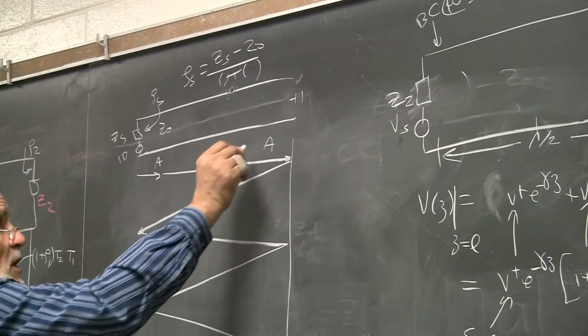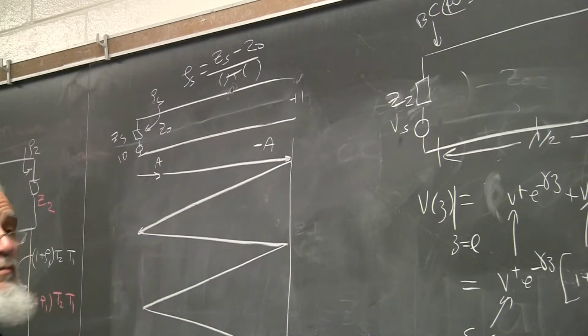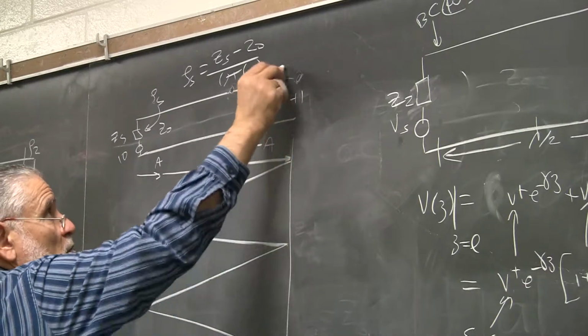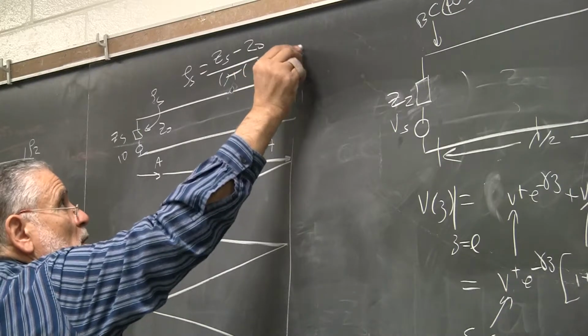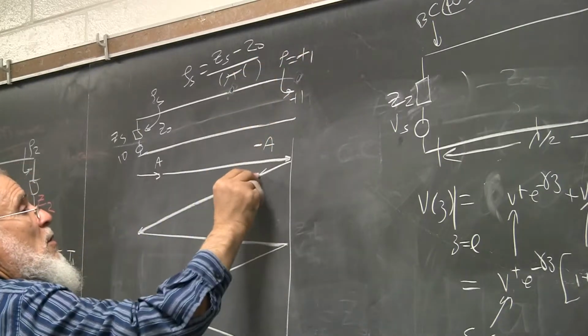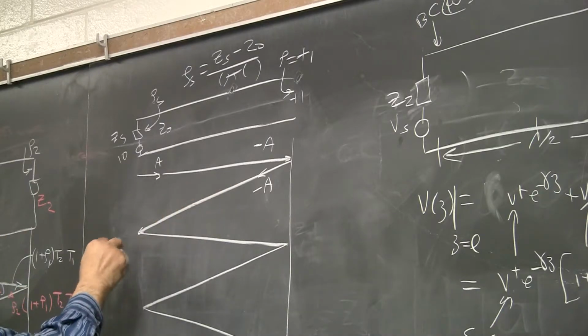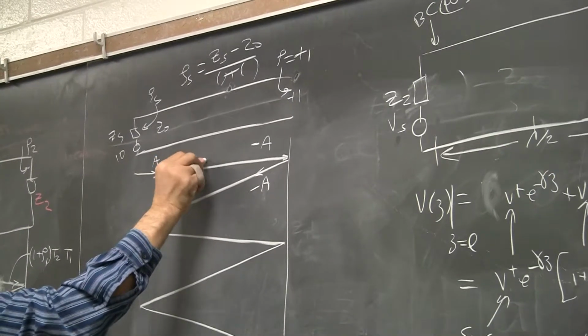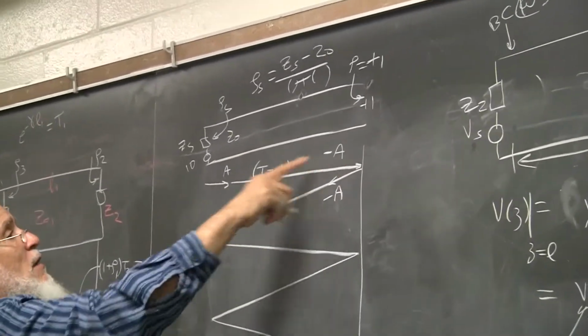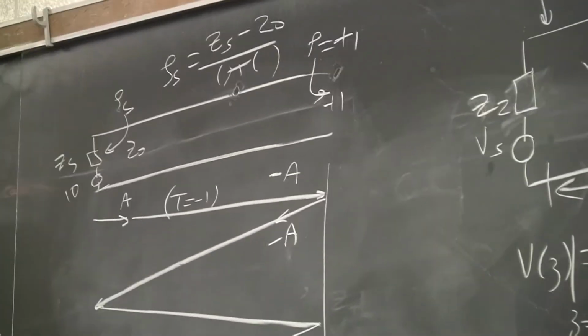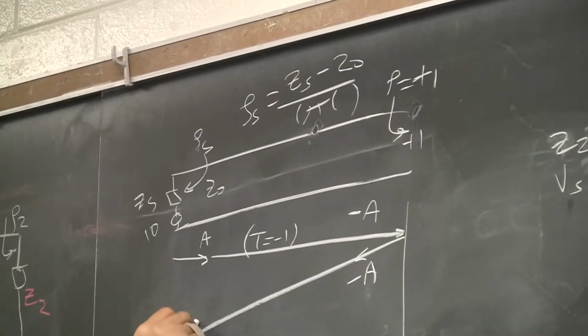So it becomes a minus A right here. It reflects with a reflection coefficient of plus 1. Rho is plus 1 here, so you still get a minus A. You go through another negative sign. The T here is equal to minus 1. That's really what made that A become minus A. So that is a plus A now.